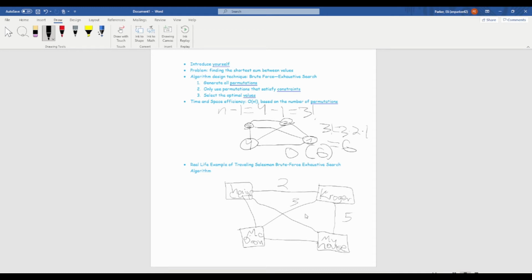Haircut to my house is going to be 7 miles, and the haircut to McDonald's is going to be 4. And McDonald's to my house would be 6. I'm just putting random numbers, but you get the idea.